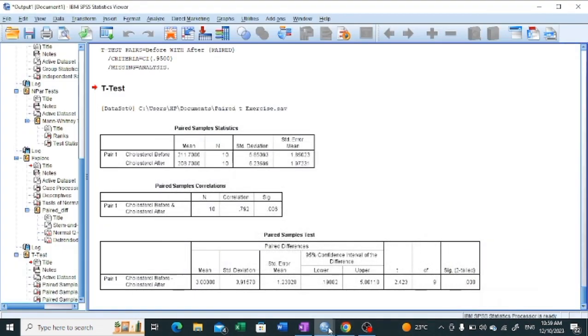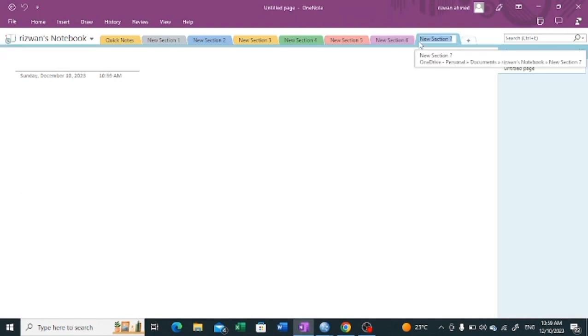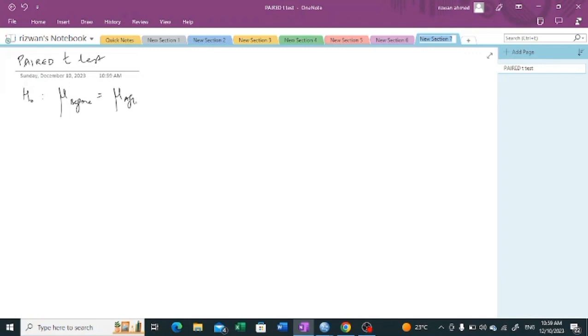So we can do the write-up for paired T. H naught is mu before is equal to mu after. H1, that's mu before differs from mu after.